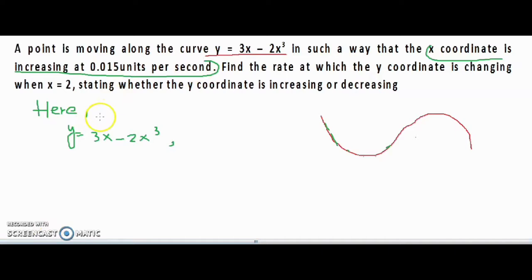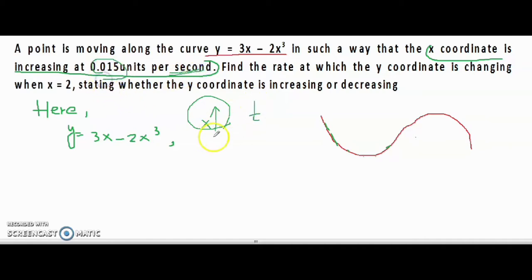So we have a curve in which a point moves along the curve, and the equation of the curve is y is equal to 3x minus 2x cubed. And the second piece of information given is that the x coordinate is increasing at 0.015 units per second. That means the x coordinate increases when the time increases.